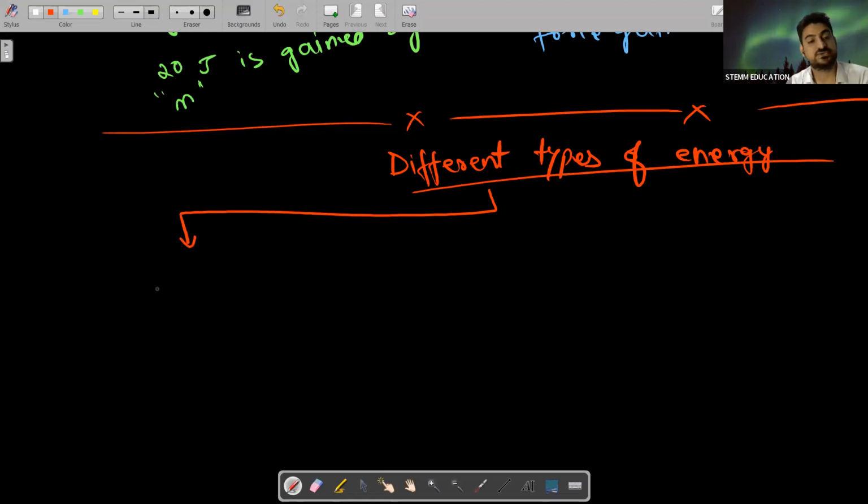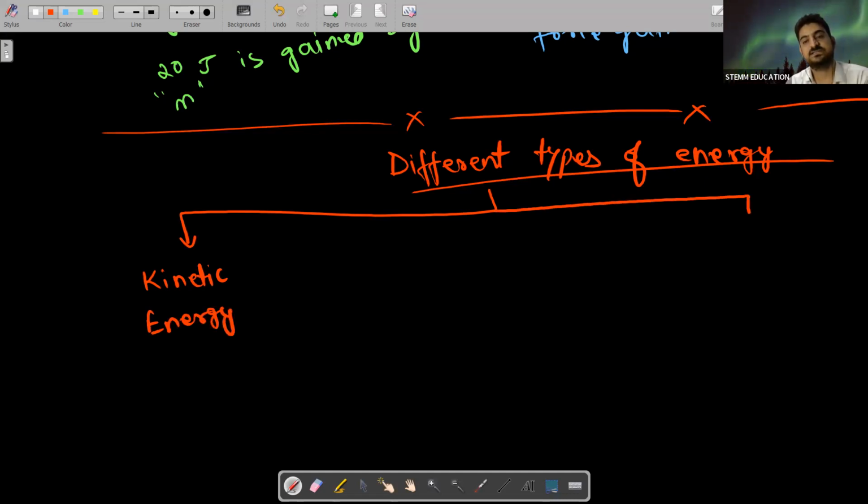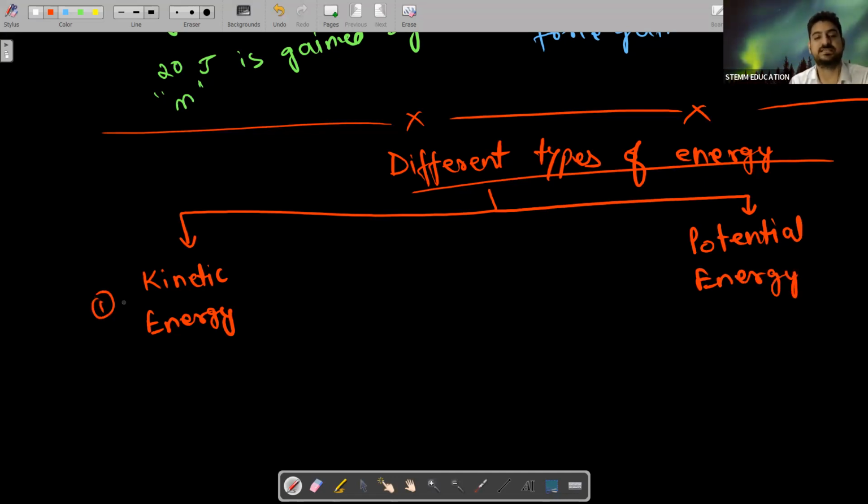The first one is called kinetic energy. And the other type of energy is known as potential energy. So we have one kinetic energy, and the second one is the potential energy.